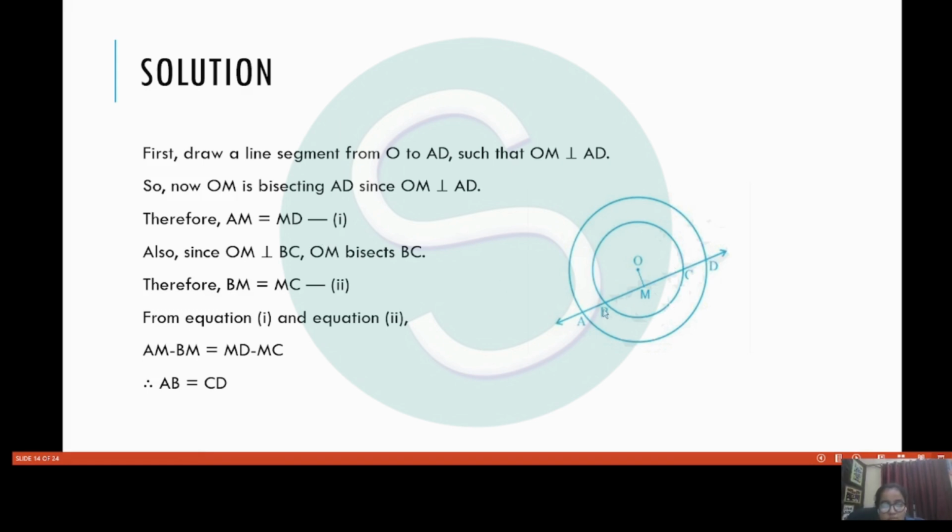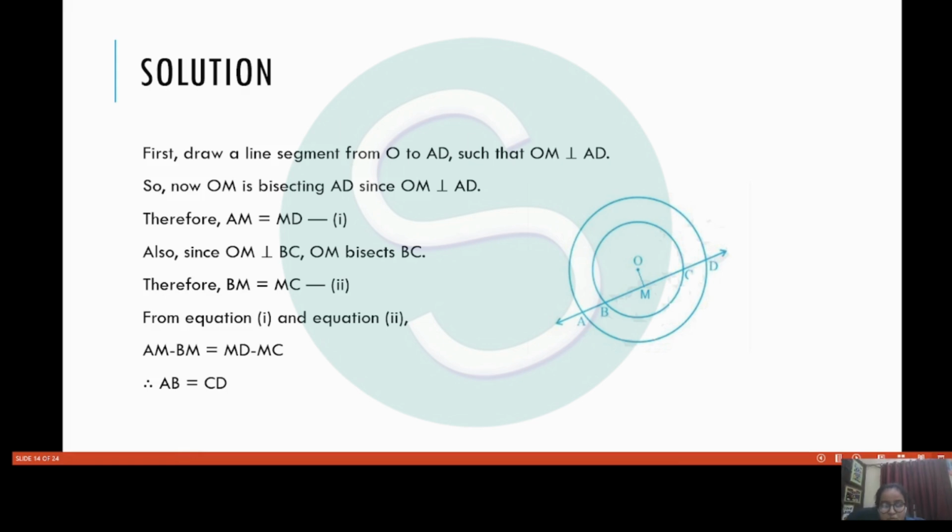Secondly, OM is also bisecting BC, so BM equals MC. We will mark it as 2. If you subtract equation 2 from the first, you will get AM minus BM, which gives you AB. Similarly, MD minus MC will give you CD. So we have proved that AB equals CD.